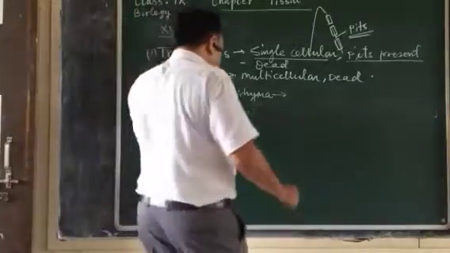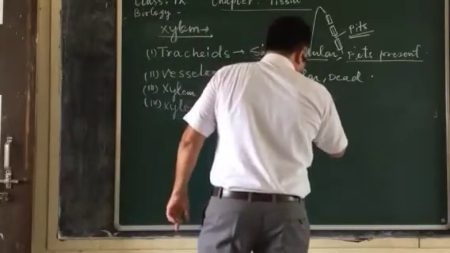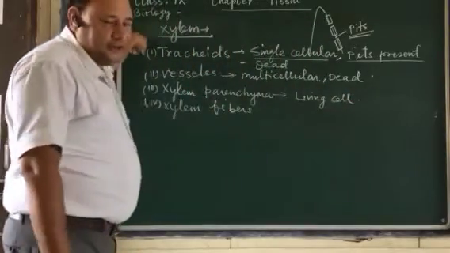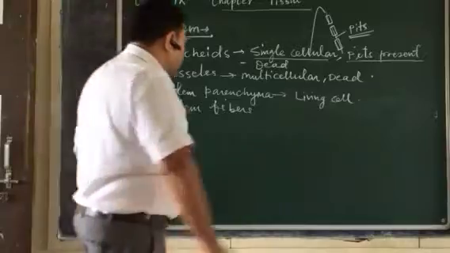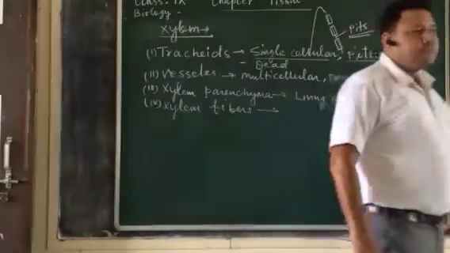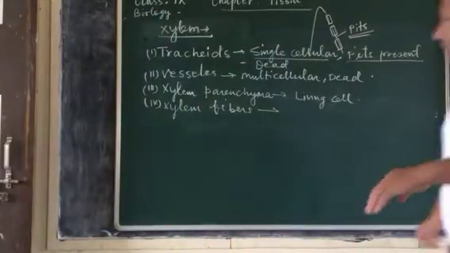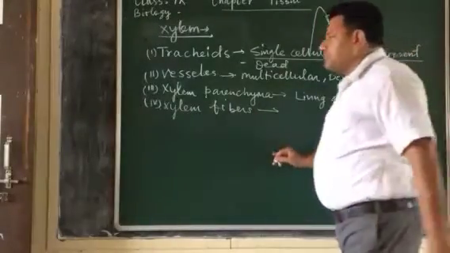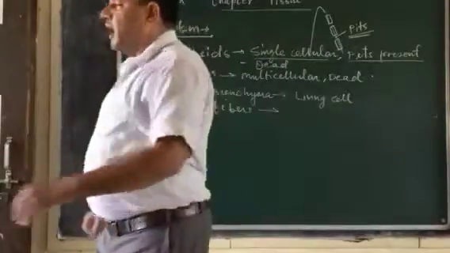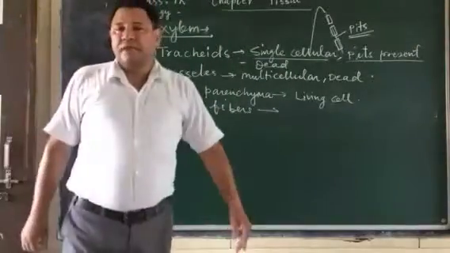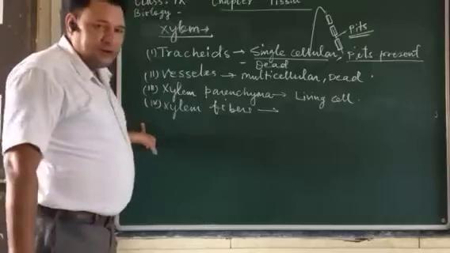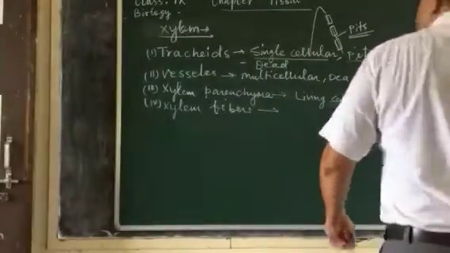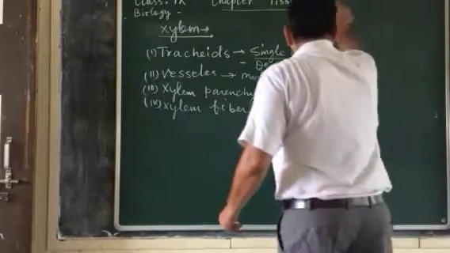So this is the only living cell that is present in this xylem. Then xylem fibers are also present together with all three components. They are meant for supporting. So this was about the xylem and its components.